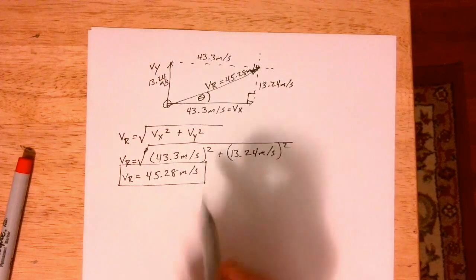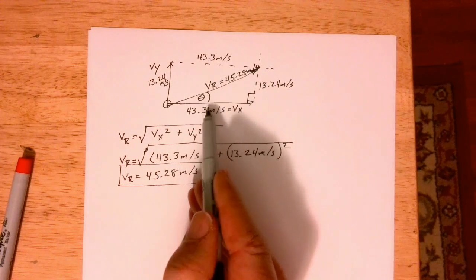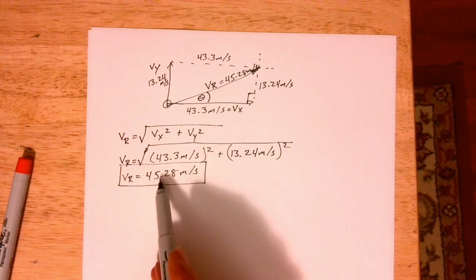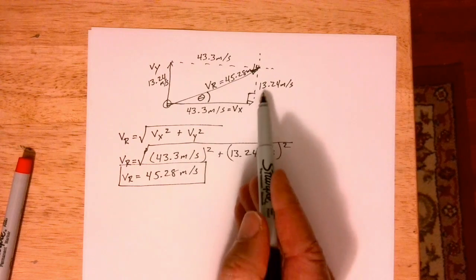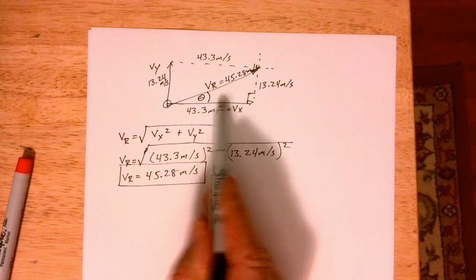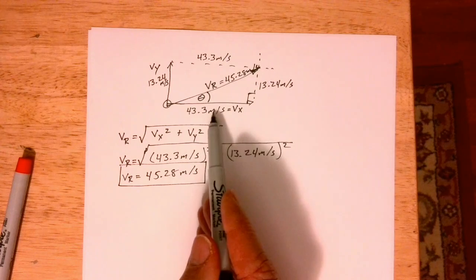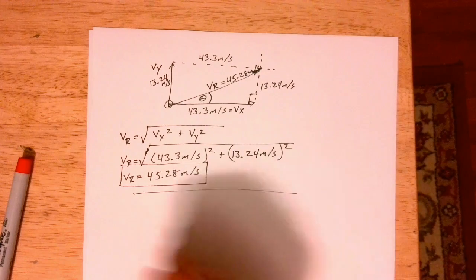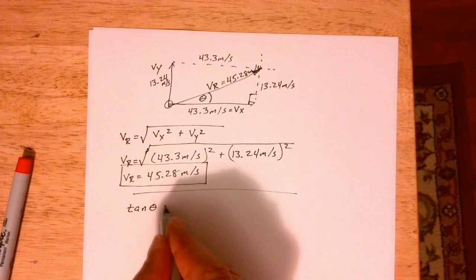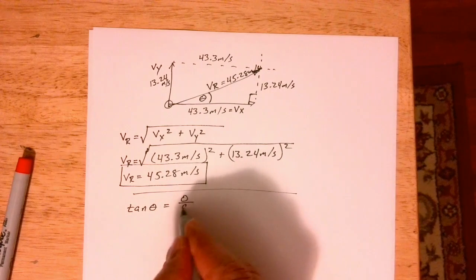So the next thing is, what is the angle of it? So try not to use this information here, but we do have 13.24 and we have 43.3. So if we're trying to solve for this, this is your opposite, this is your adjacent, so we're going to be using tangent. So the next part is tangent theta is equal to opposite over adjacent.